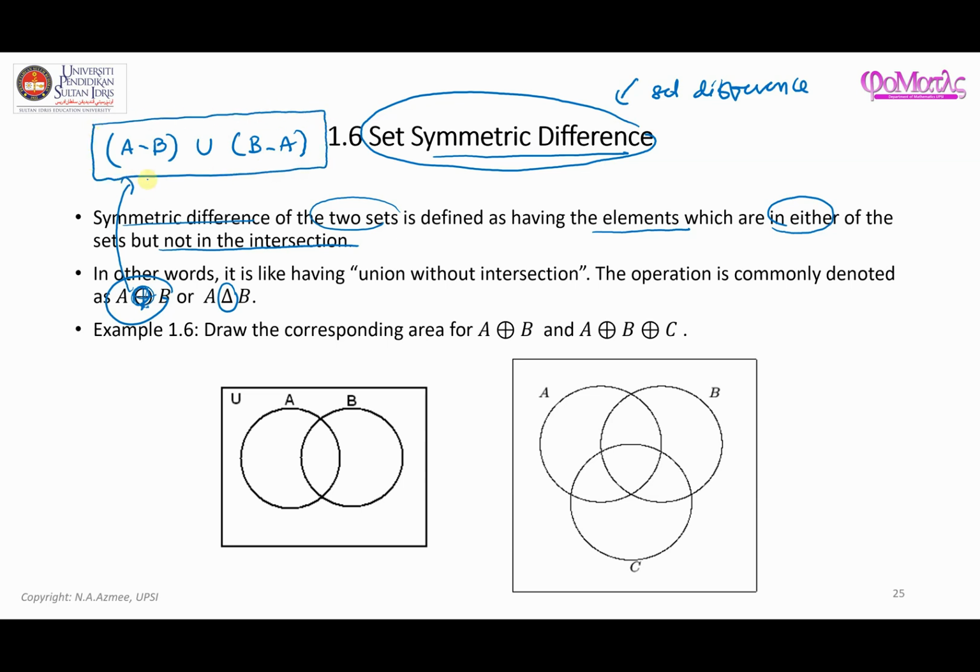First you find all the elements in this set difference, then you find the elements in this set difference, and you apply the union process. So you consider the elements for both.